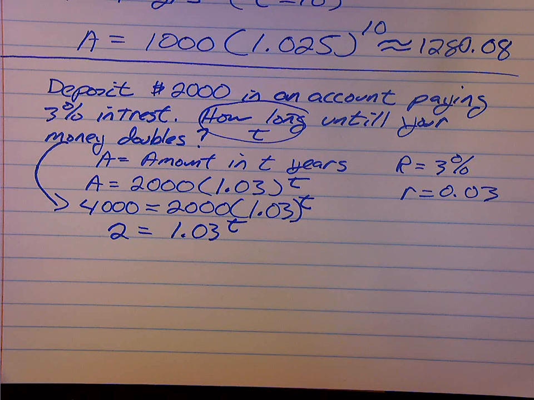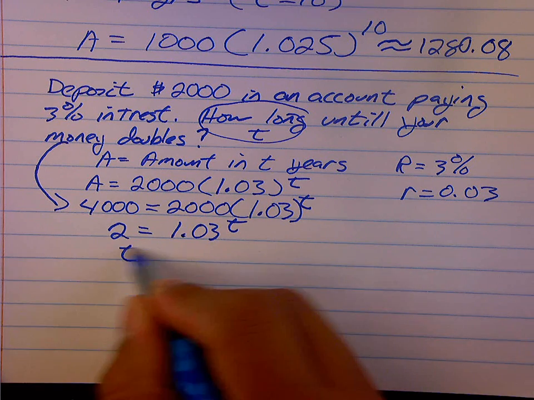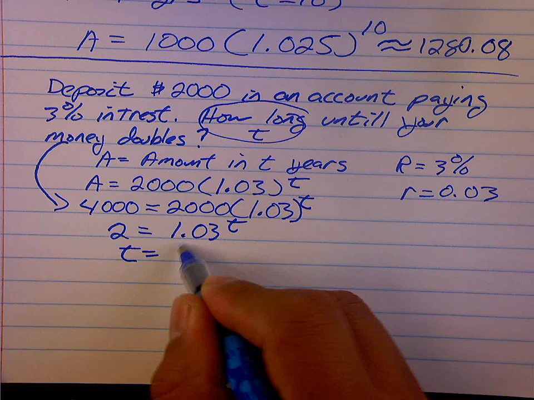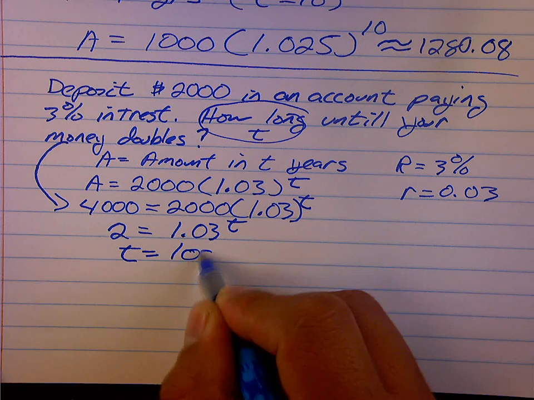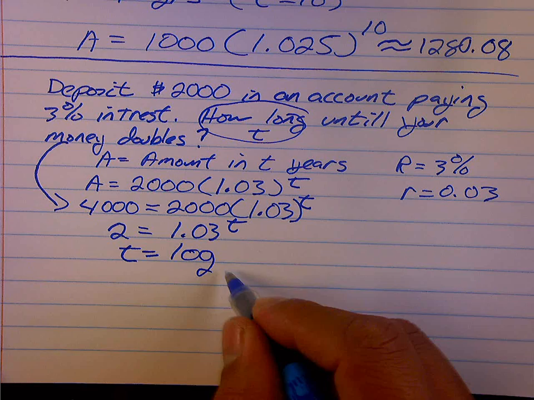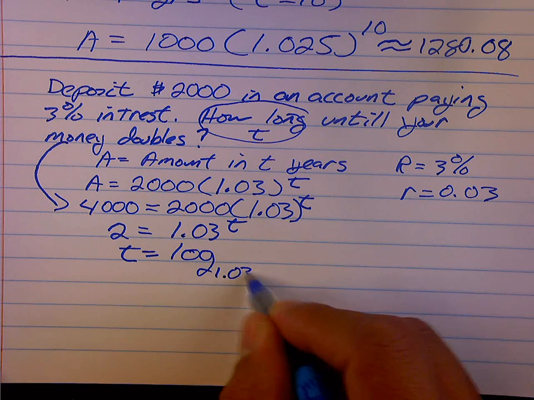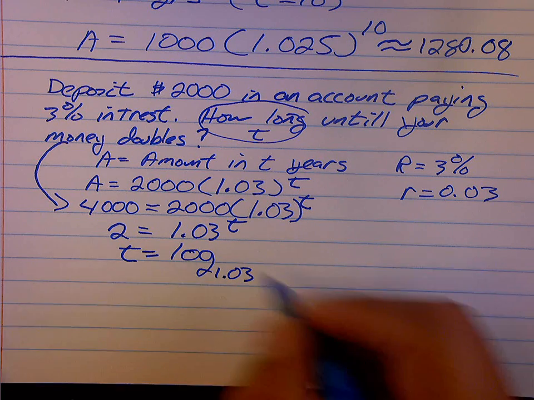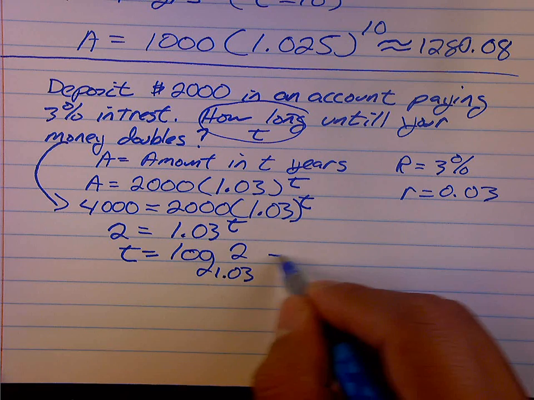I'm now going to solve for t directly by using the definition of a logarithm. And watch how I read what I write. t is the exponent I place on 1.03 to get the value 2.